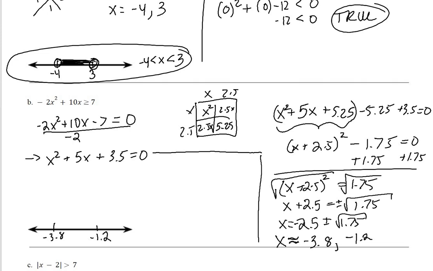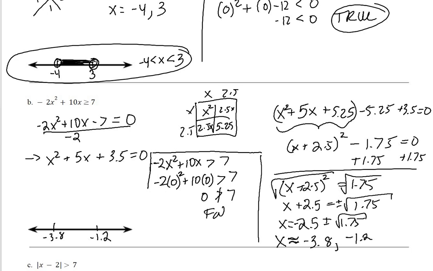So if I plug in 0, then with my original inequality, -2x squared plus 10x, I'm checking if that's greater than 7. -2 times 0 squared plus 10 times 0 greater than 7. This reduces to 0 greater than 7, which is false. So 0, which is like here-ish, is not part of my solution region.